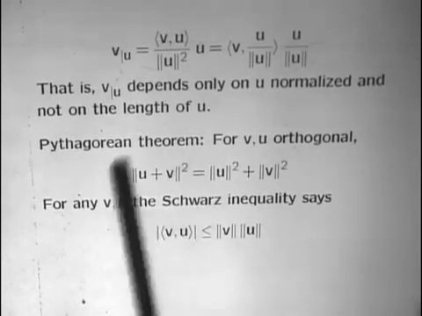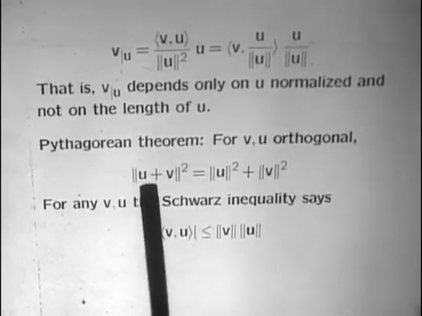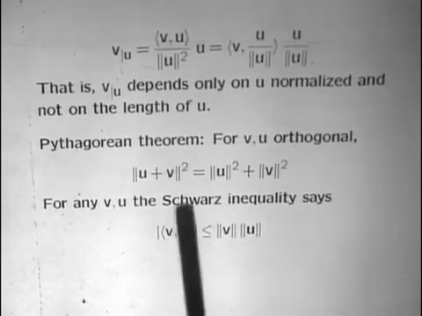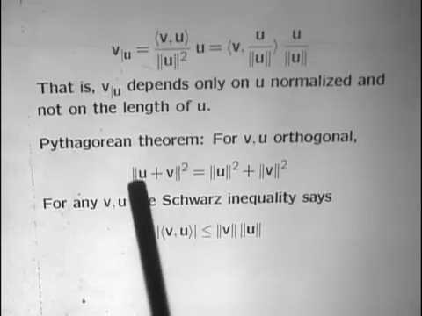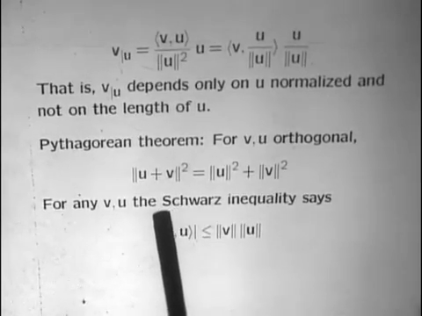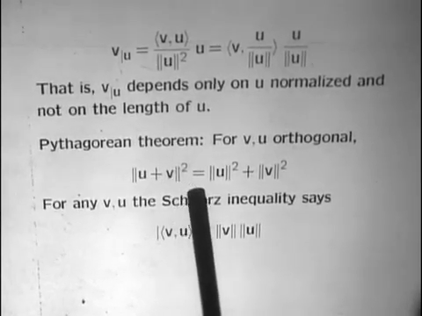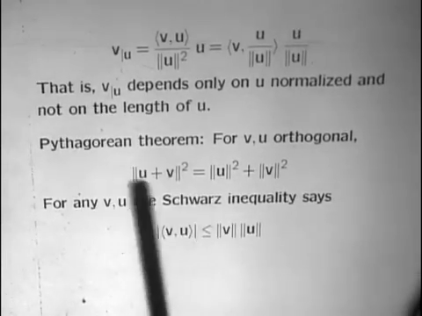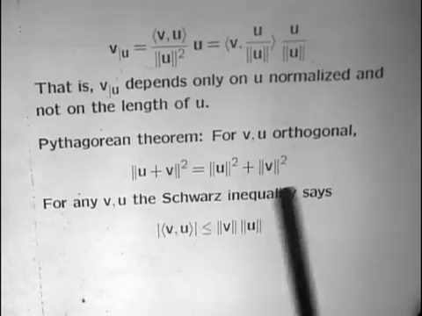The argument is you just break this up into the norm squared of U plus the norm squared of V plus the two cross terms, the inner product of U with V, which is 0, and the inner product of V with U, which is 0. So the two cross terms go away, and you're left with just this.